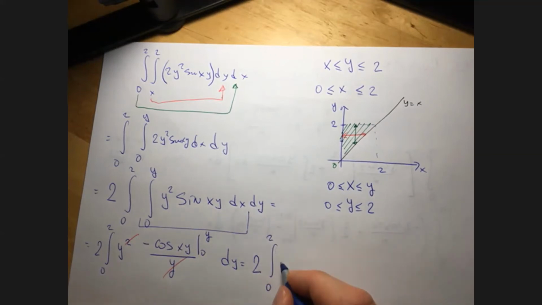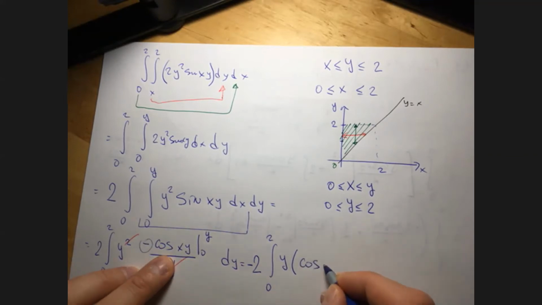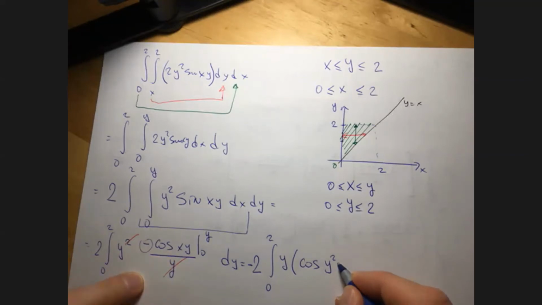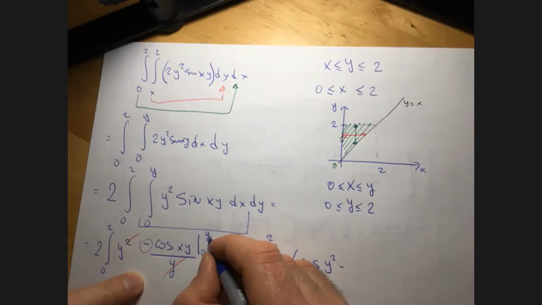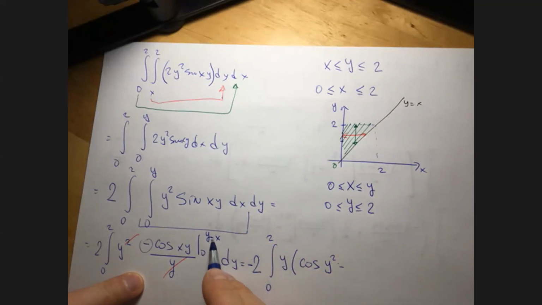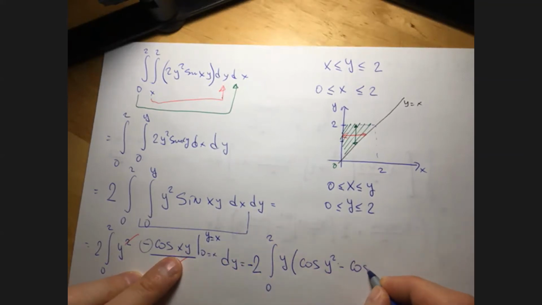Integral from 0 to 2, y times, and pulling the negative outside, cosine of y squared, because x is equal to y, so instead of x I put y times y, which is y squared, minus, when x is equal to 0, I get cosine of 0, dy.